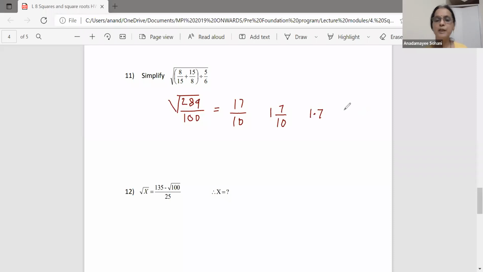Another way of doing this is 289 upon 100 is under root of 2.89. Those who know decimal division, 289 upon 100 is under root of 2.89 and square root of 2.89 is 1.7.